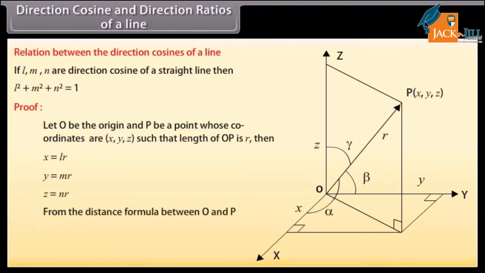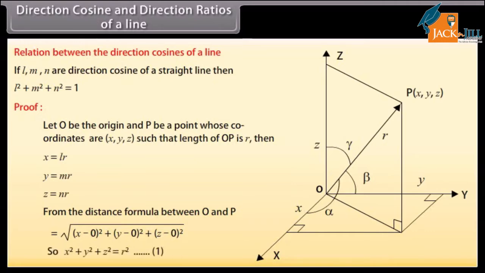From the distance formula, OP equals square root of x minus 0 square plus y minus 0 square plus z minus 0 square. So x square plus y square plus z square equals r square, name it as 1.